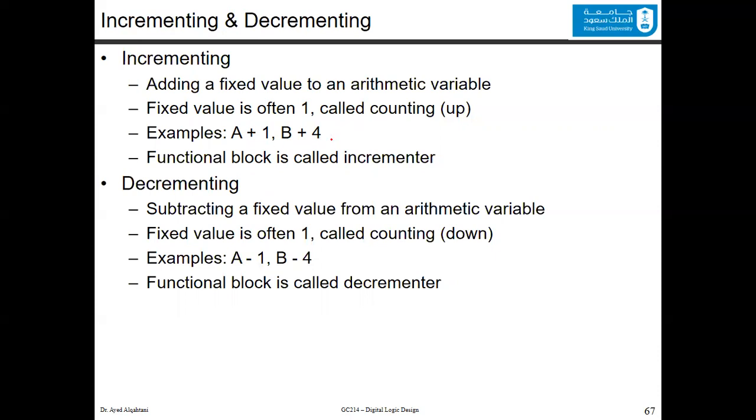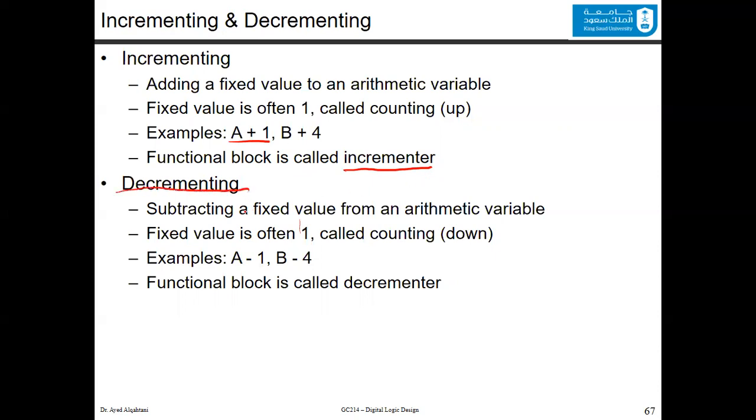And each one of them will have a different contraction. We had the example a plus 1 in the previous slide. The function block is called an incrementer. You could have an incrementer by 1, by 2, by 3, by 4, and so on.